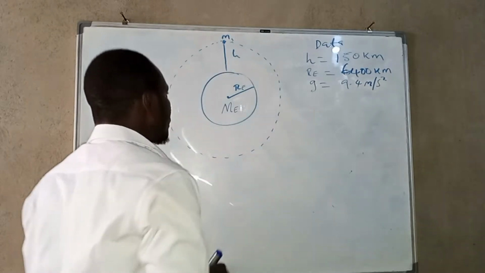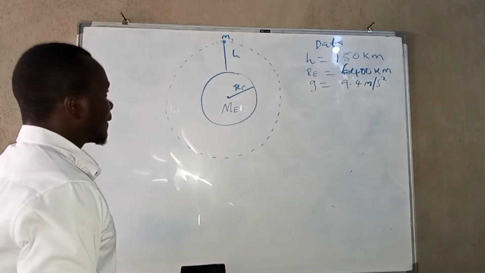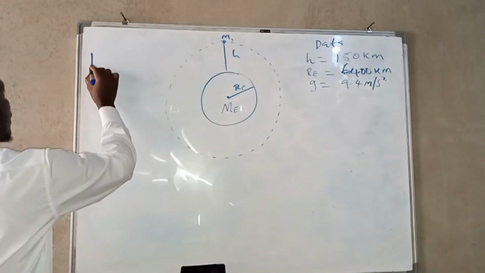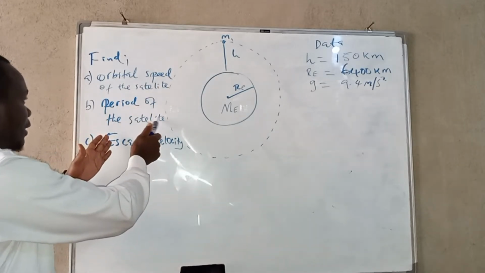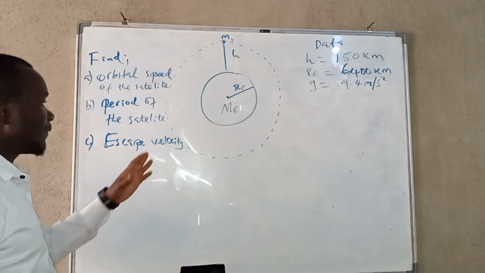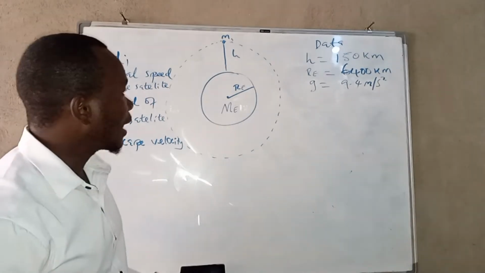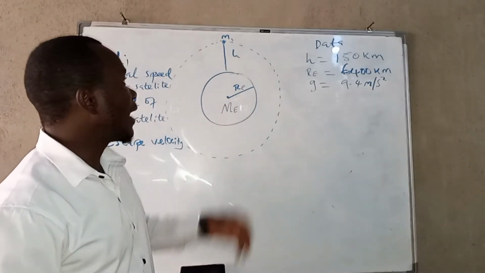So now, we are trying to find the orbital speed of the satellite, the period of the satellite, and the escape velocity. Okay, so this is the information that we have.